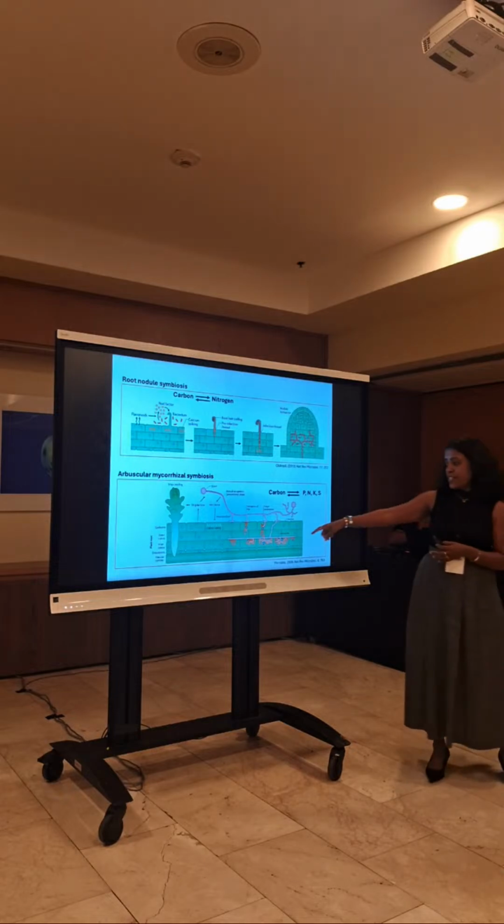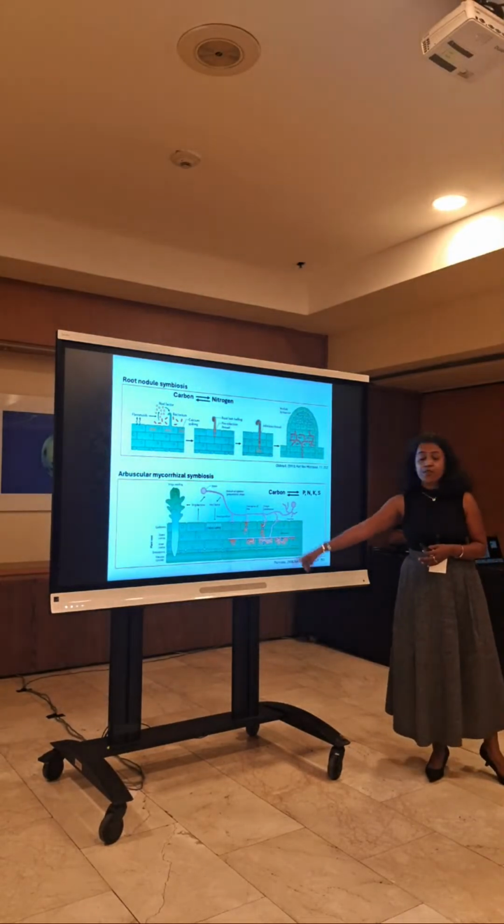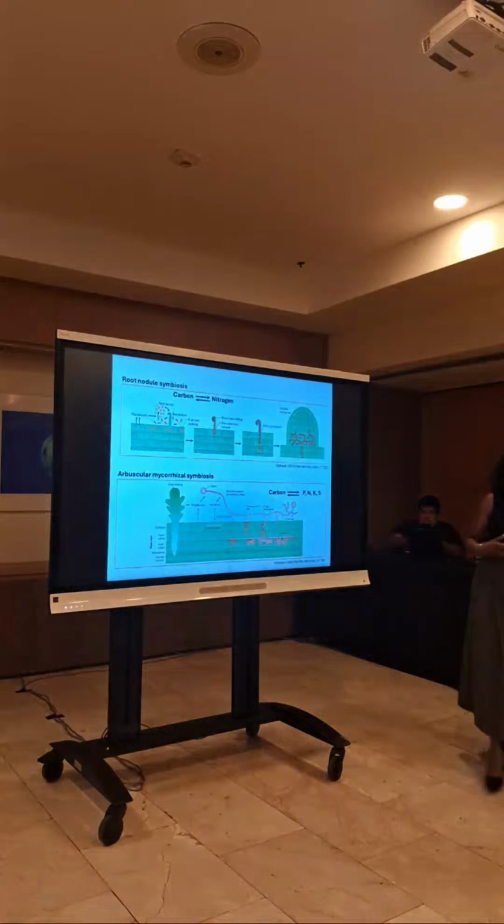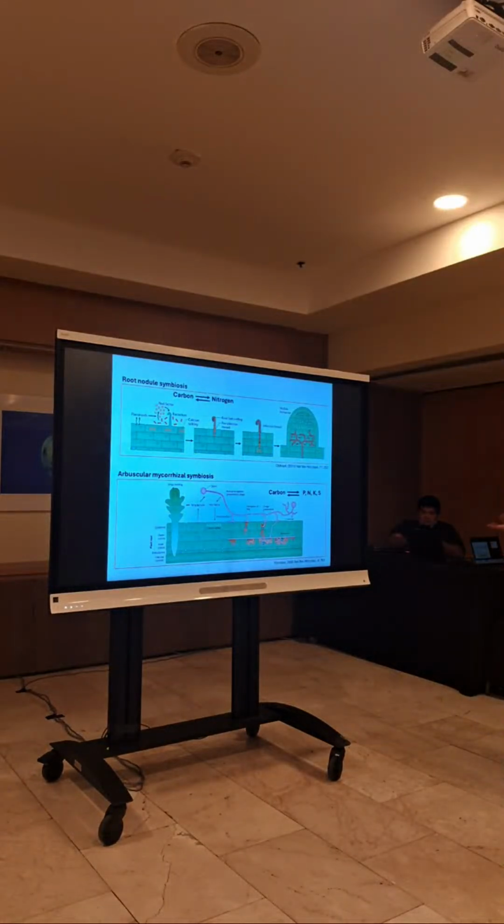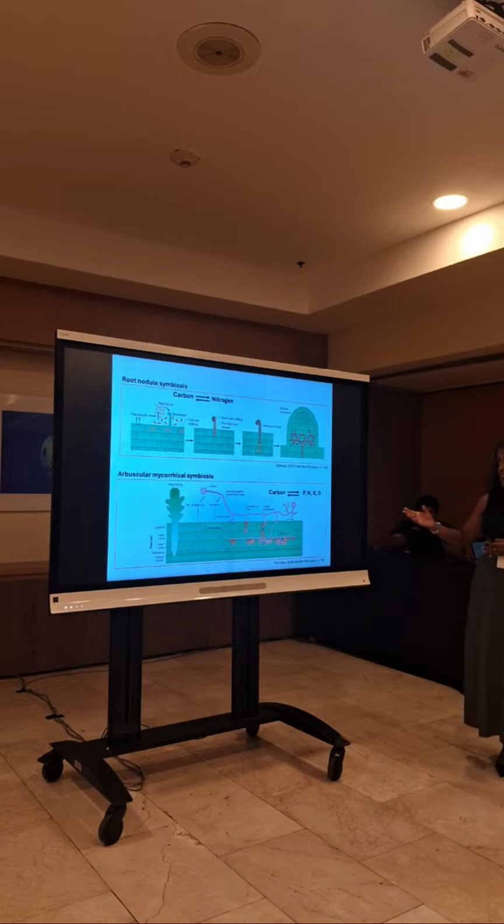Within the cells, the mycelia get finely differentiated to form structures called arbuscules, and these are the places where there is an exchange of the nutrients that are transported from the rhizosphere to the plant. So here the major nutrient normally we talk about is phosphate.